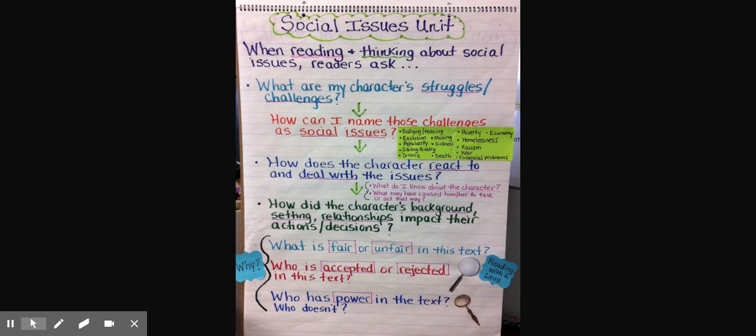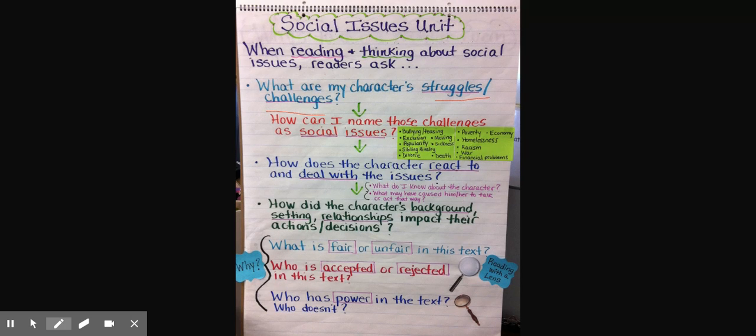When reading and thinking about social issues, readers need to ask themselves this very important first question: what are my characters' struggles? What are their challenges? We have to pay very close attention to those two things. Once you've discovered what your character's struggles or challenges are, then you have to decide, can I name those as a social issue?